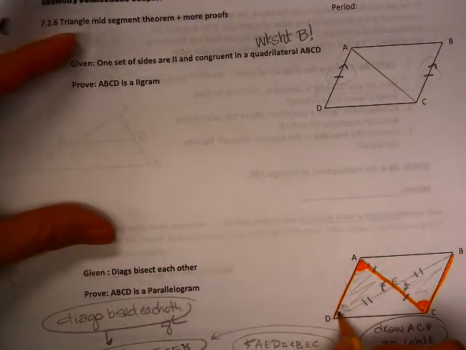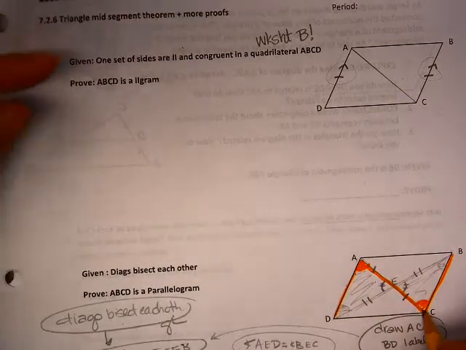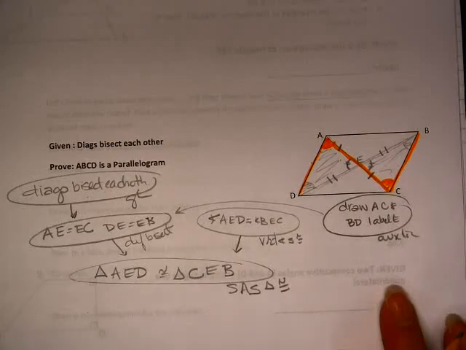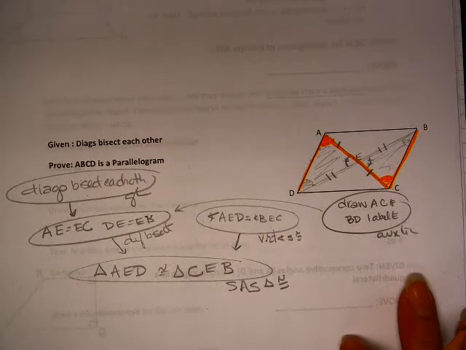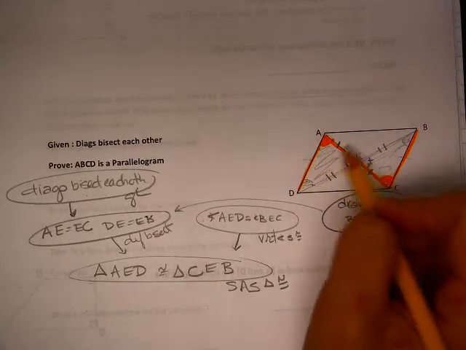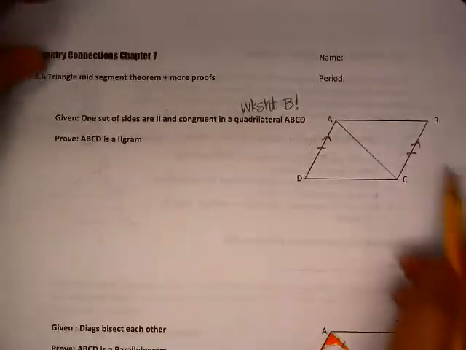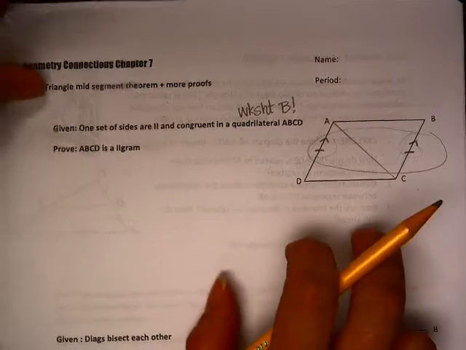If I use this one and this one, I still get the same exact parallel lines. So that isn't very helpful, to use the definition. I've already proven that opposite sides being equal will be enough to prove it's a parallelogram. So I can use these and these, but then I don't want to have to prove these two triangles are congruent to each other. So this little powerhouse right here that I've just proven, I can use.